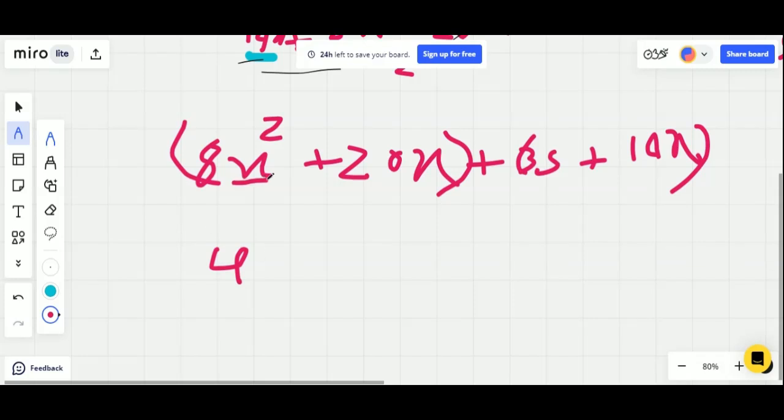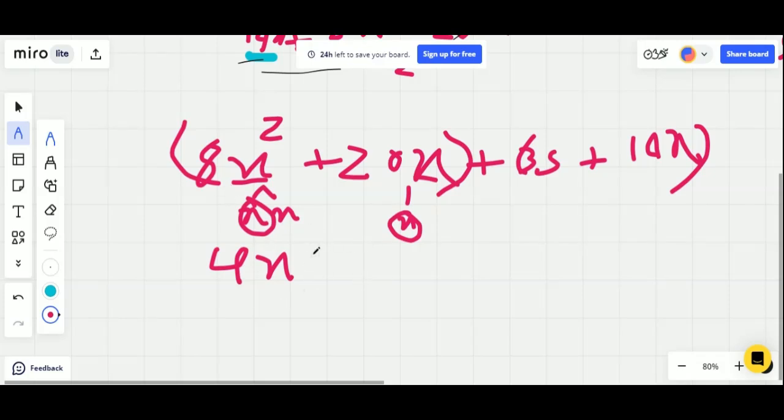Now, x is in both the terms, but this is x into x, right? There's x squared in the first term, but in the second term there's only 1x, so we could not take x squared as a factor, but we could take x as a factor because it's there in both the terms.